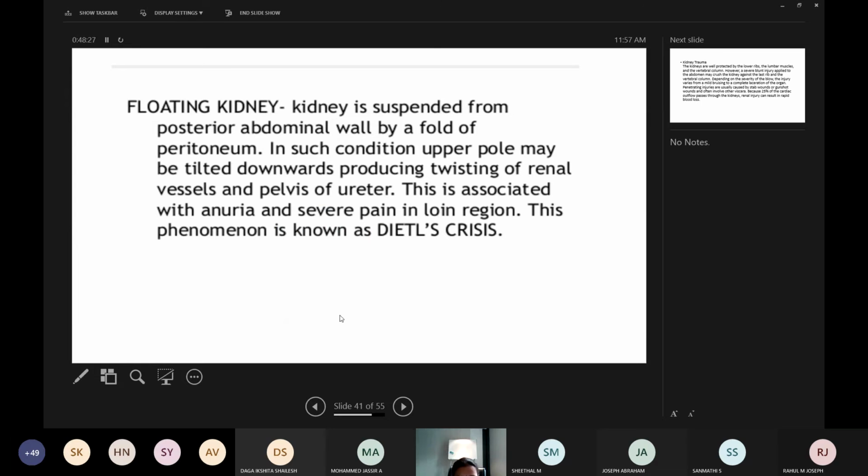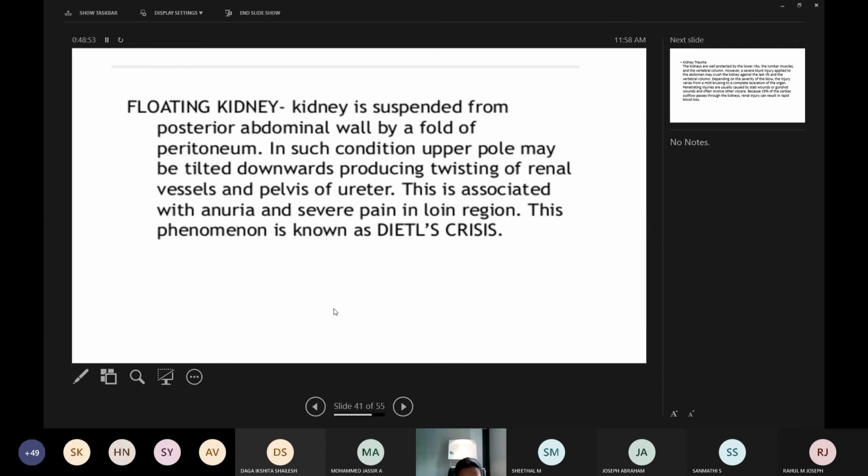Then floating kidney. Normally the kidney is suspended on the posterior abdominal wall with different fascia, as we know. Sometimes, if that fascia is not that tight, the upper pole of the kidney is tilted downwards, which will cause kinking of the renal vessels and also the ureter.